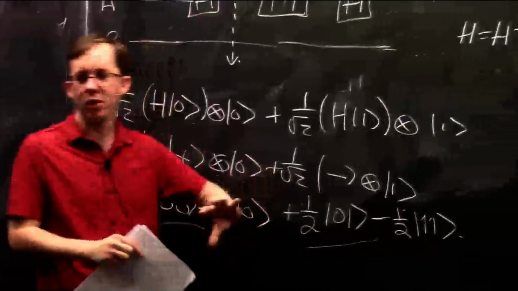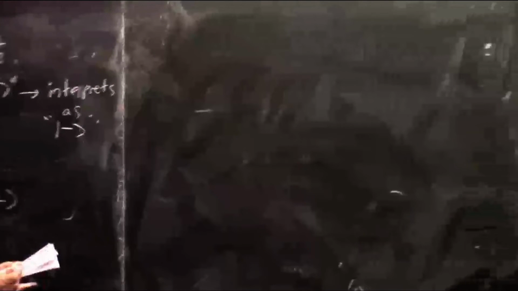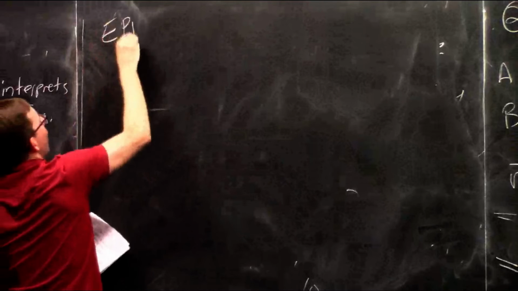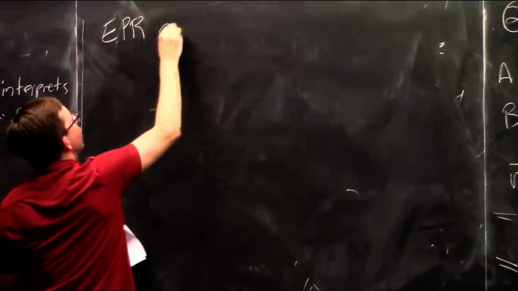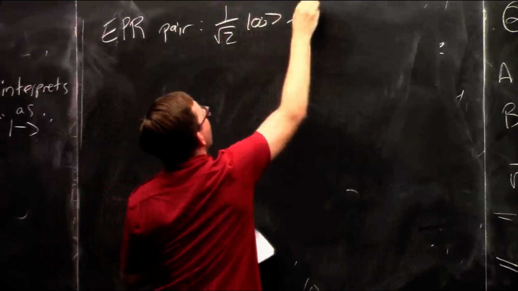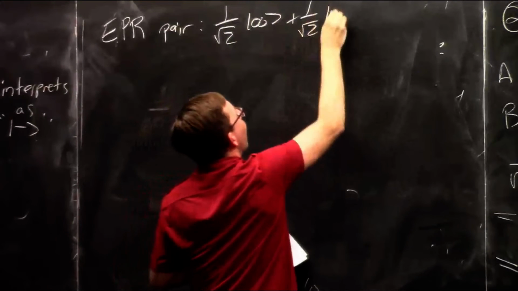So express the first qubit in the plus or minus basis, and then use the usual rule. I'll explain what I mean here. So, let's go back to the beginning where the EPR pair that they share is 1 over root 2, 0, 0, plus 1 over root 2, 1, 1.